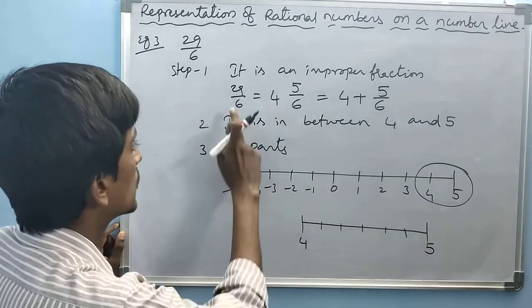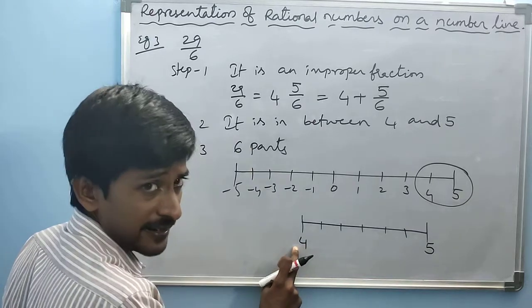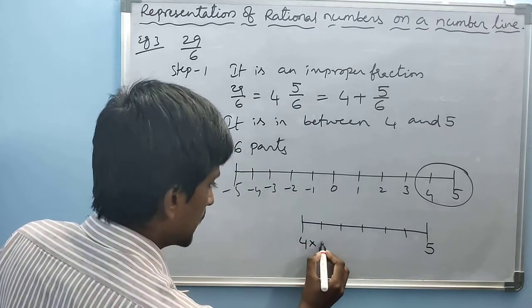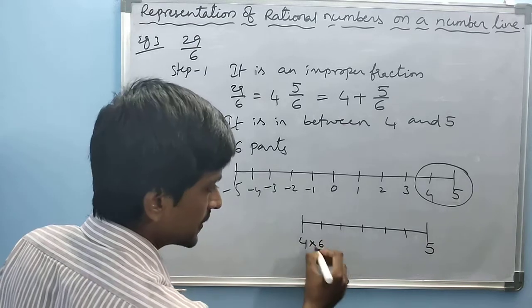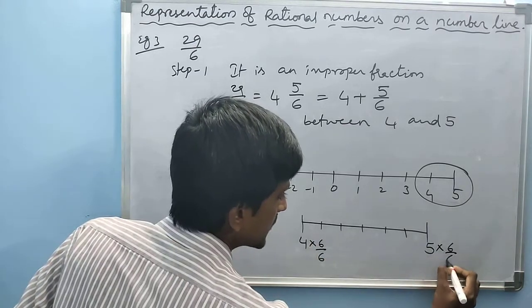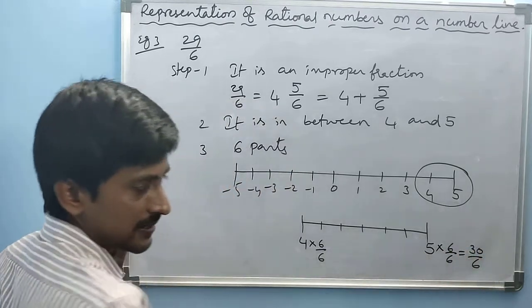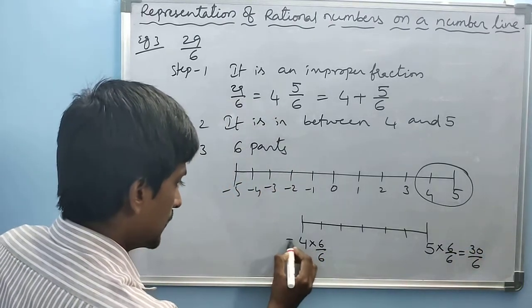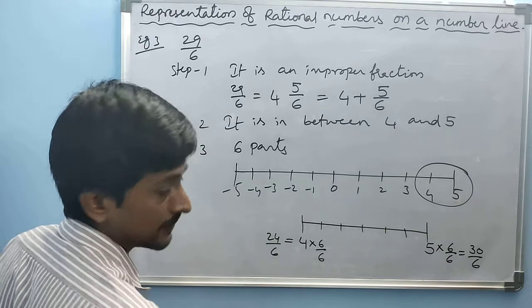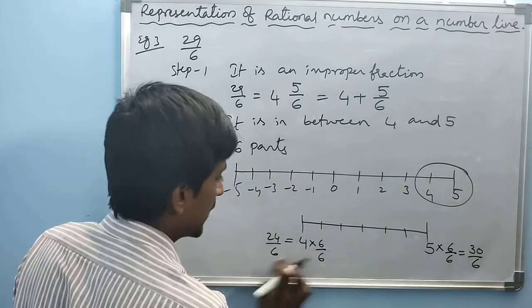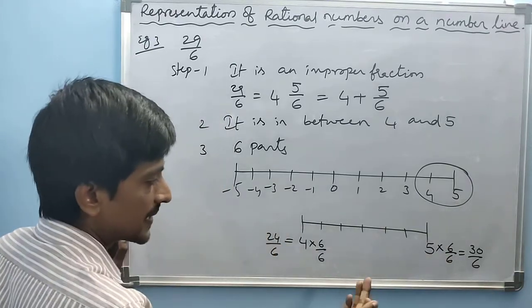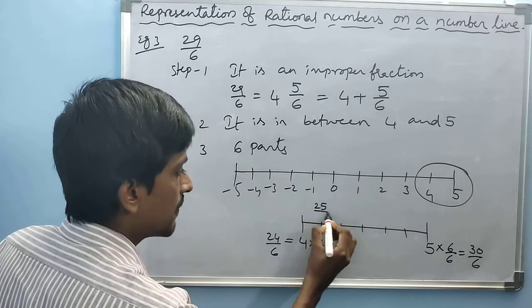Okay. So, this can be divided into 6 by 6, 6 parts. 6 by 6 means 30 by 6, and 30 by 6 means 5. Then 24 by 6. Okay. So, like fractions. 24 by 6, what is the next number? 25 by 6.